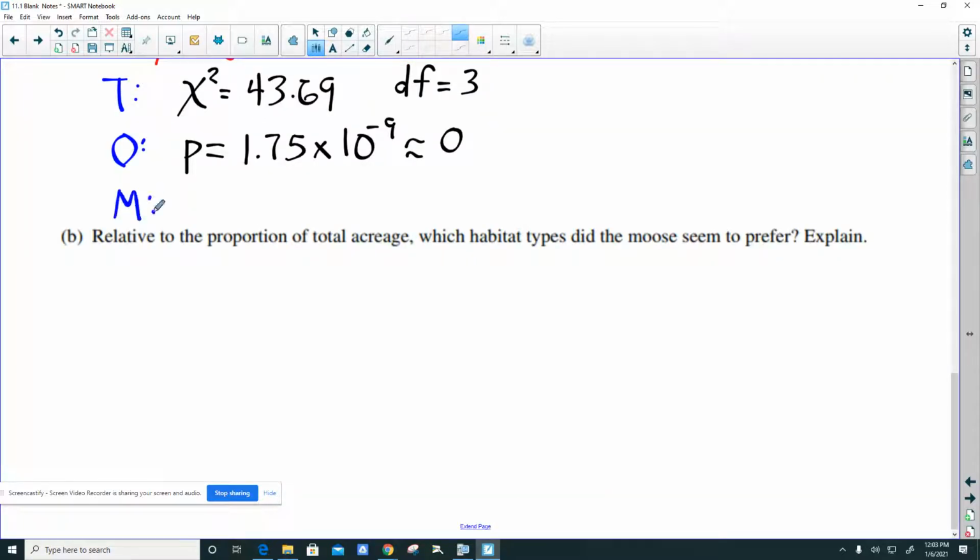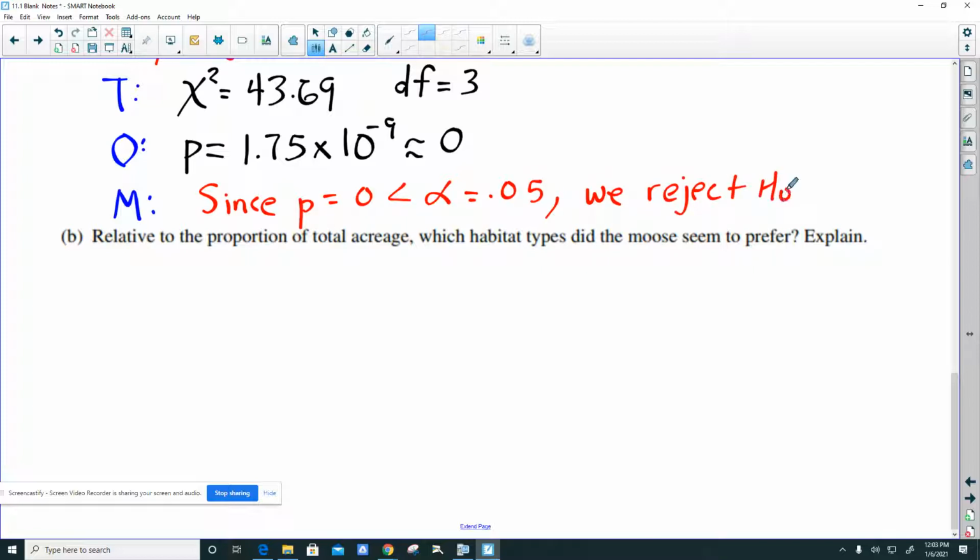Okay, now it's time for us to make a decision. So always when you make your decision, you are comparing your p-value to your alpha level. If it's less than that, our decision is to reject the null hypothesis. And finally, we're going to state our conclusion. If we're rejecting the null hypothesis, we are going to say that we have convincing evidence that, remember what comes after this?